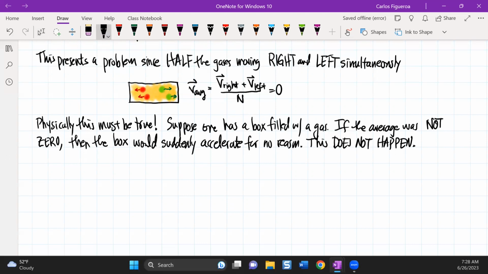Okay, so what we need to do here is that we need to deal with a different quantity on averaging.